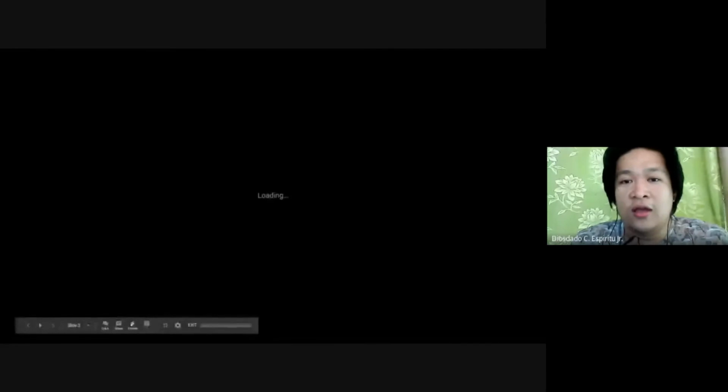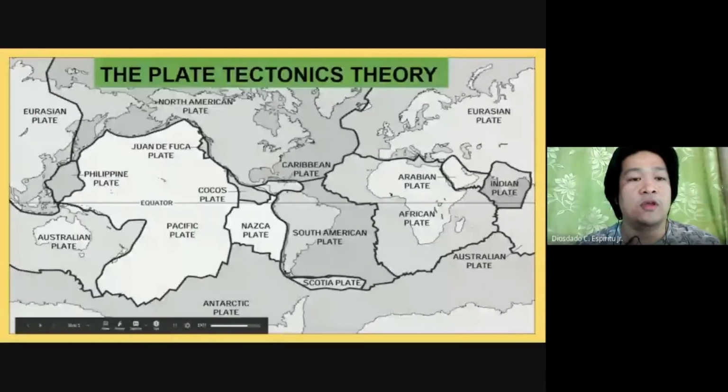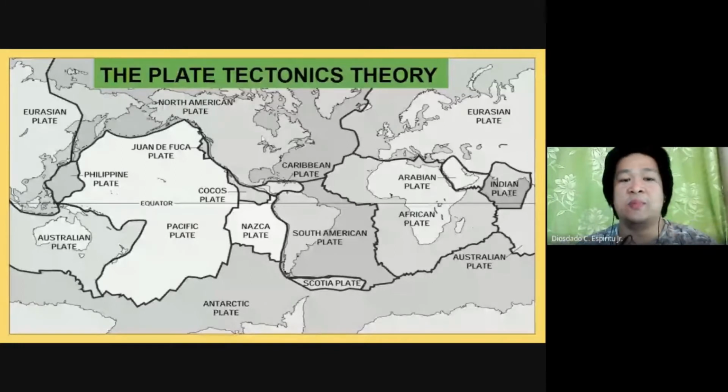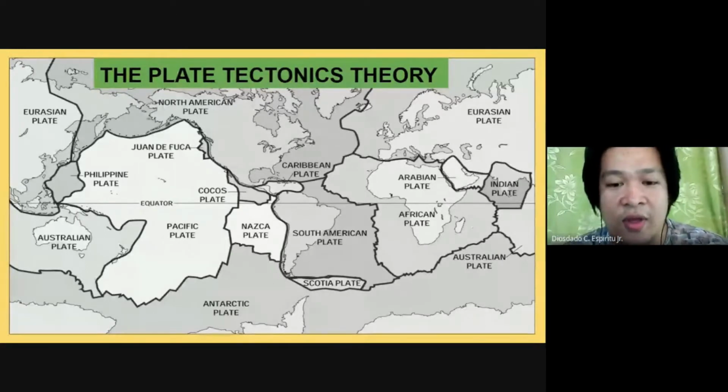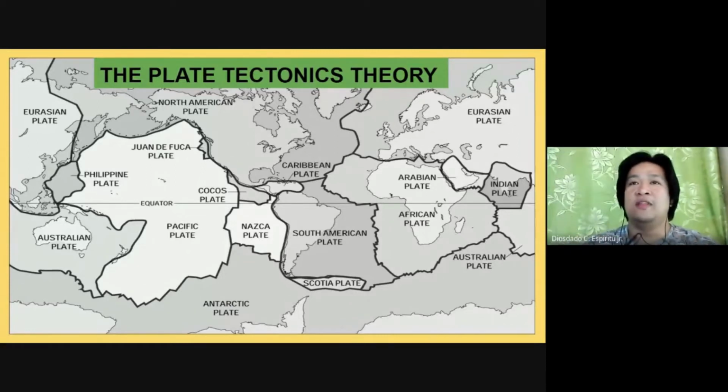Maybe you have already memorized the plate tectonic maps and you're already familiar with the different plates. So in here we have the Eurasian plate, North American plate, Juan de Fuca plate, Philippine plate, Caucasus plate, Caribbean, Arabian, Indian, African, Australian, South American, Nazca, Antarctic plate, and Scotia plate.